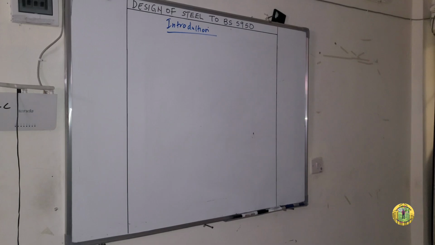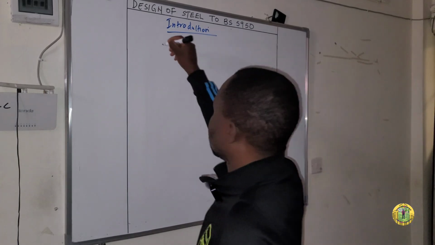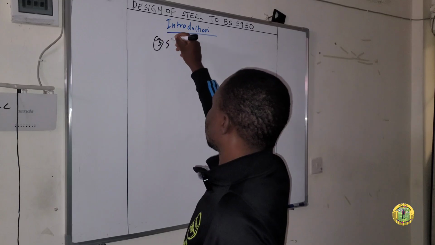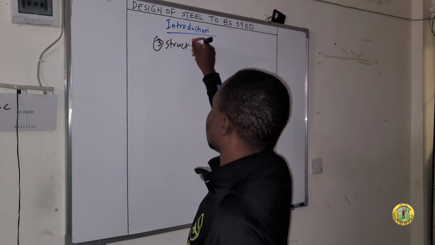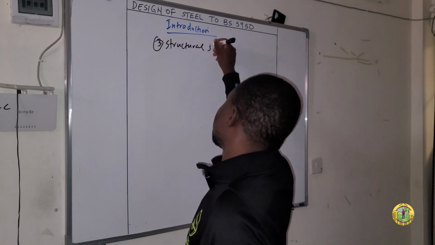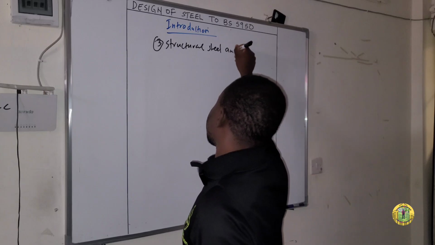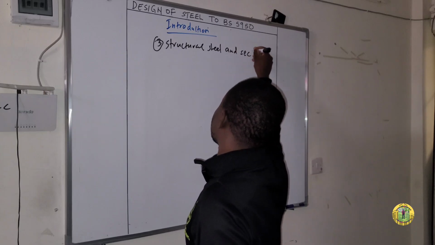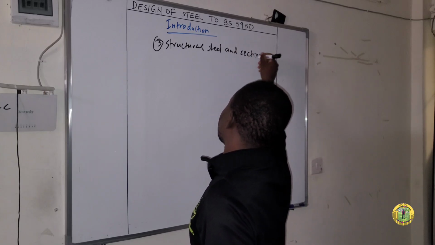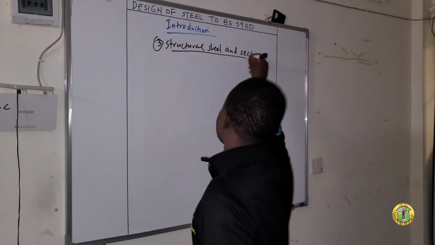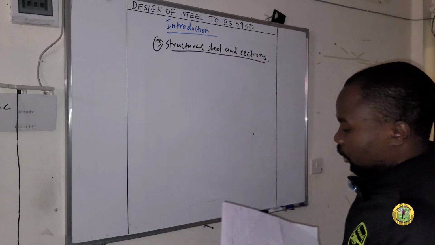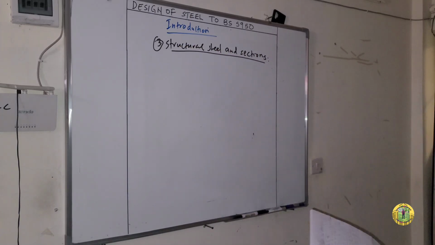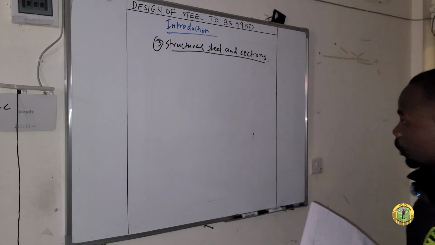So number three, we have structural steel and sections. Structural steel is manufactured in 3 basic grades.